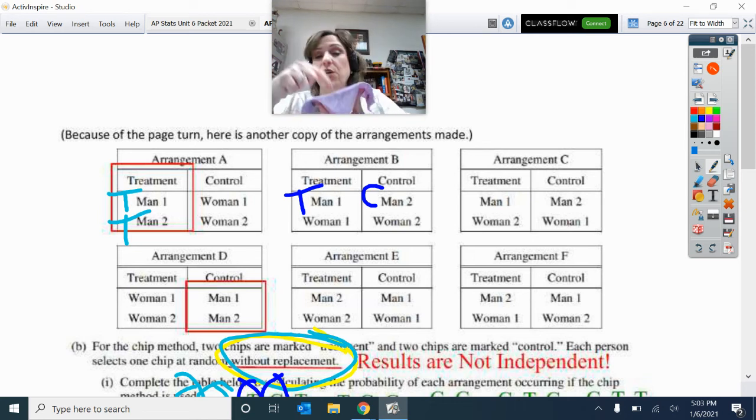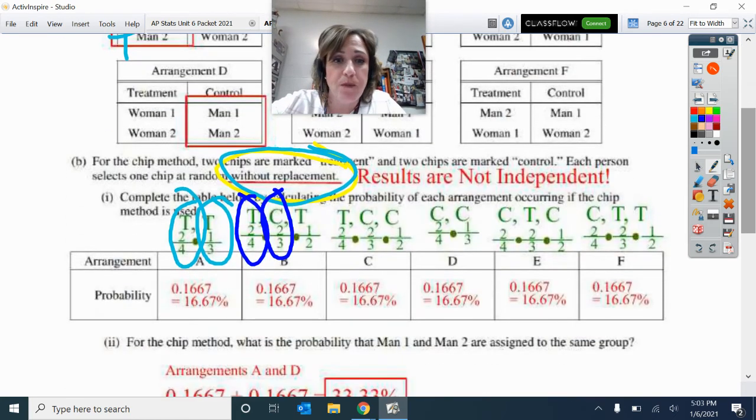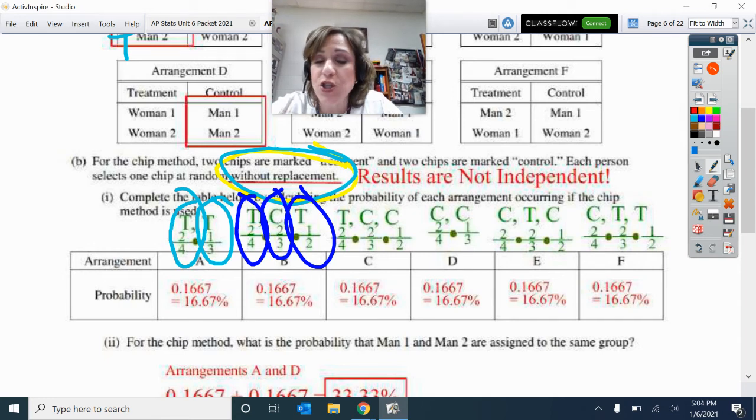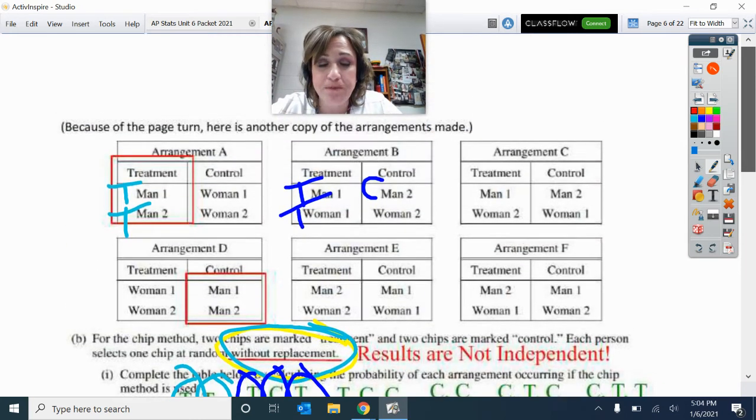What's left in here? 2 chips, one says treatment and one says control. Lo and behold, she got the treatment. She had a 50-50 chance. So 2/4 times 2/3 times 1/2 is really what's happening. That's how we have to go through that process.